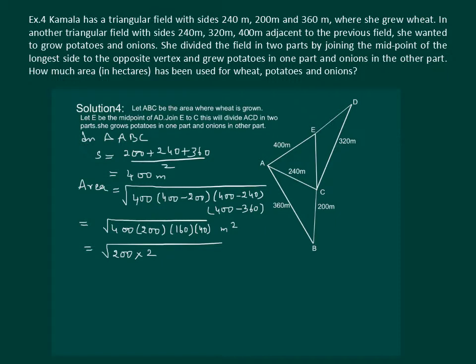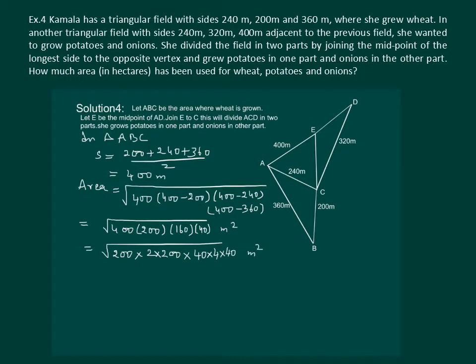On factorizing 400, we get 200 into 2, then 200 as it is. 160 can be written as 40 into 4 and 40 as it is.